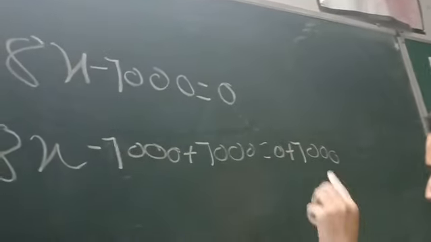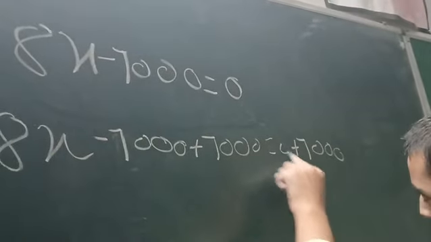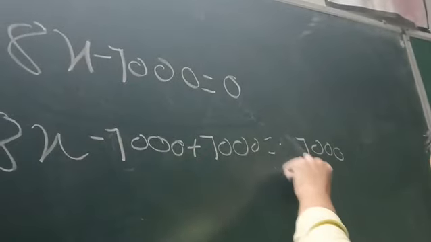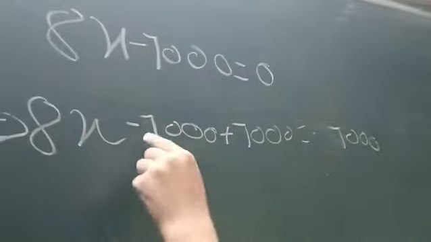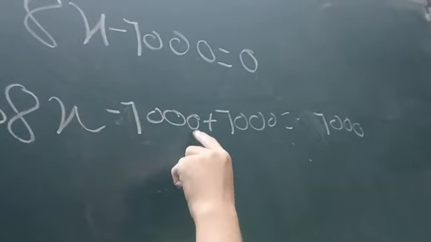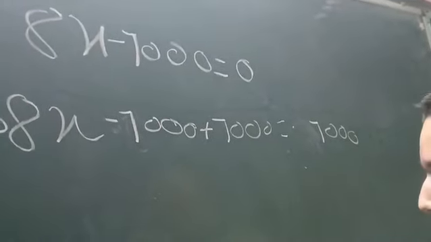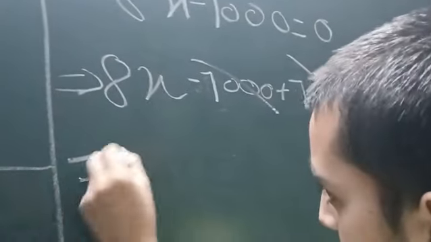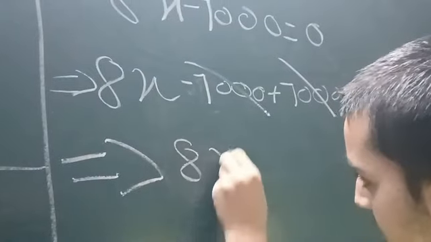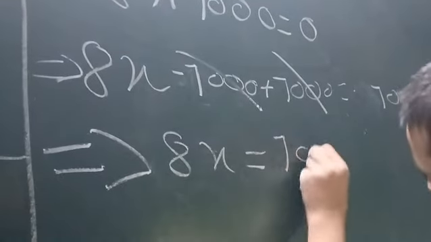Now as we know that 0 has no value, it will be 7000. So now this negative 7000 will be cancelled by positive 7000, which implies 8x is equal to 7000.